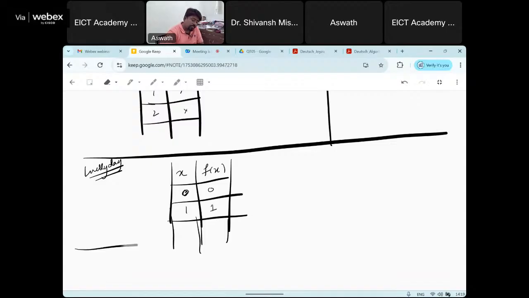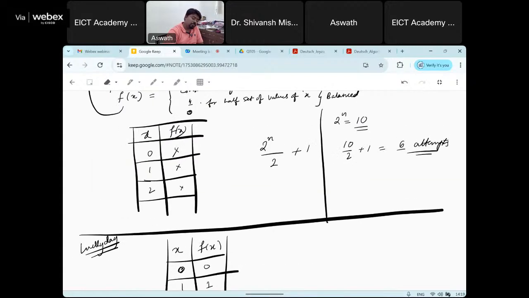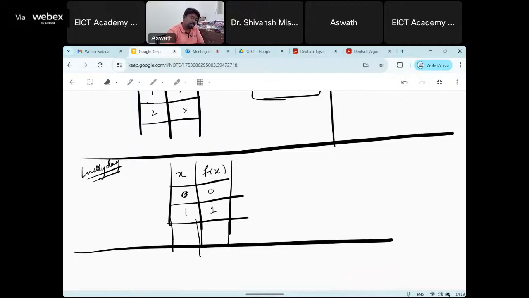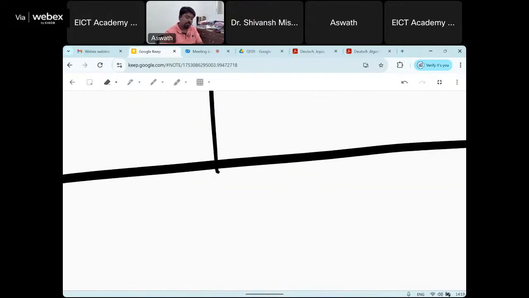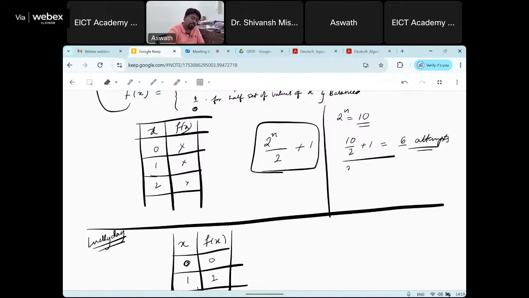But on her worst day, the only possibility is to find it in this many steps. There is no need to go beyond this number of steps, because in the case of 10 numbers, she may start with x equal to 0, 1, 2, 3, 4, 5. For the first 5 inputs, f of x is 0, 0, 0, 0, 0, she got 0 in return. The next one would dictate whether the function is balanced or not.